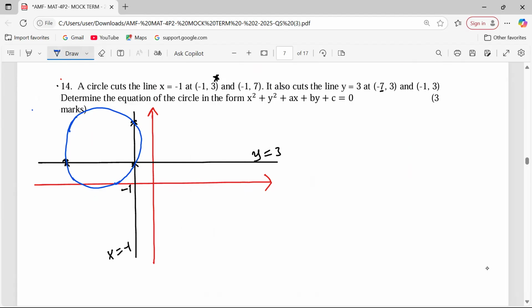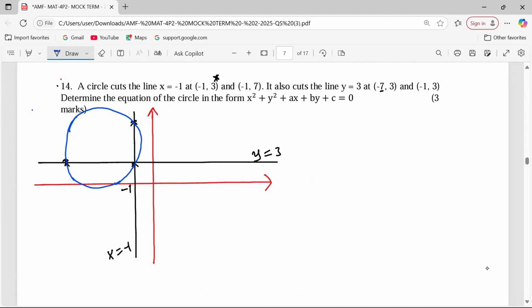Yeah, that is how the circle is behaving. Remember, we are just doing a sketch. That is to mean the first line is a tangent to the circle. And also, the second line, x equals 1, and the others, they are both tangents to the circle.